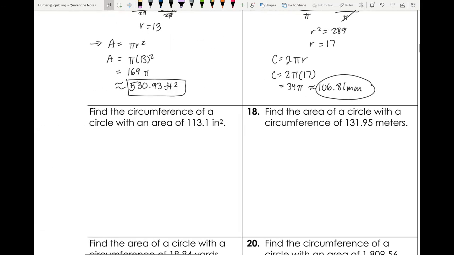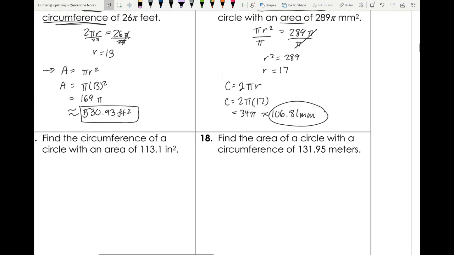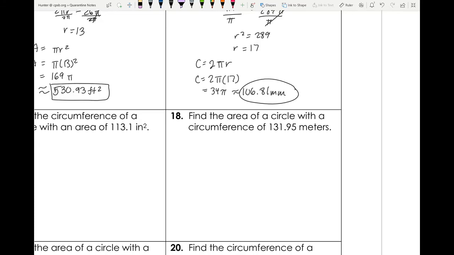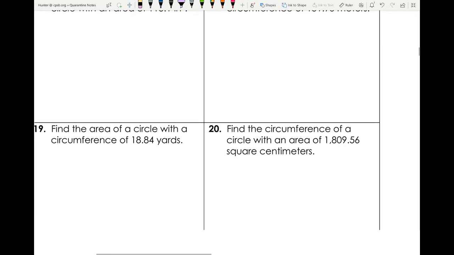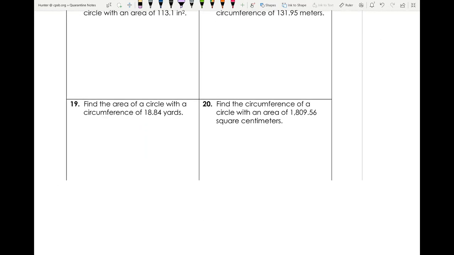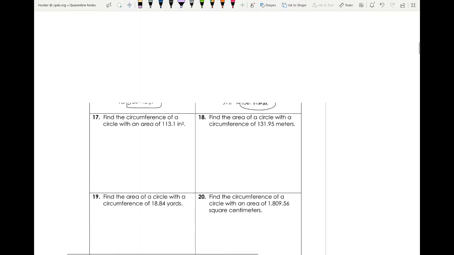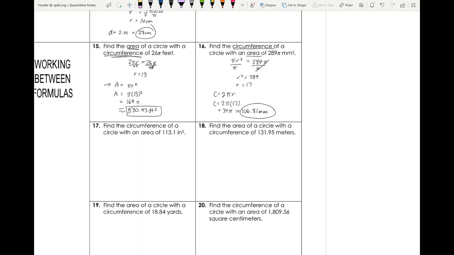Alright, find the circumference with an area. Okay, we've done that, so you can go ahead and do 17. You can do 18, and you can do 19, and you can do 20 as well. All the same based on 15 and 16.